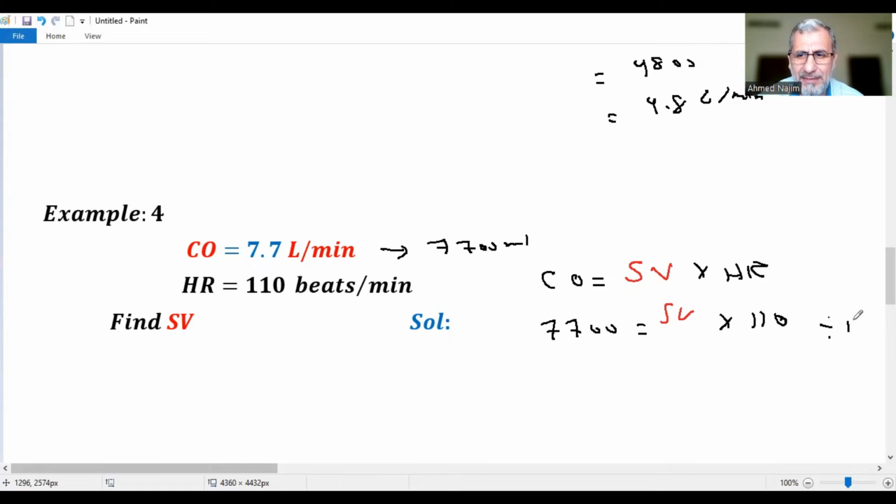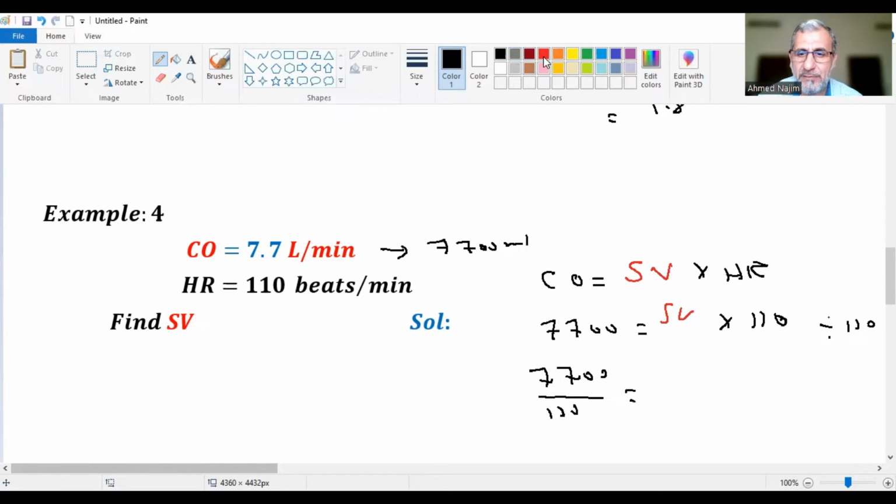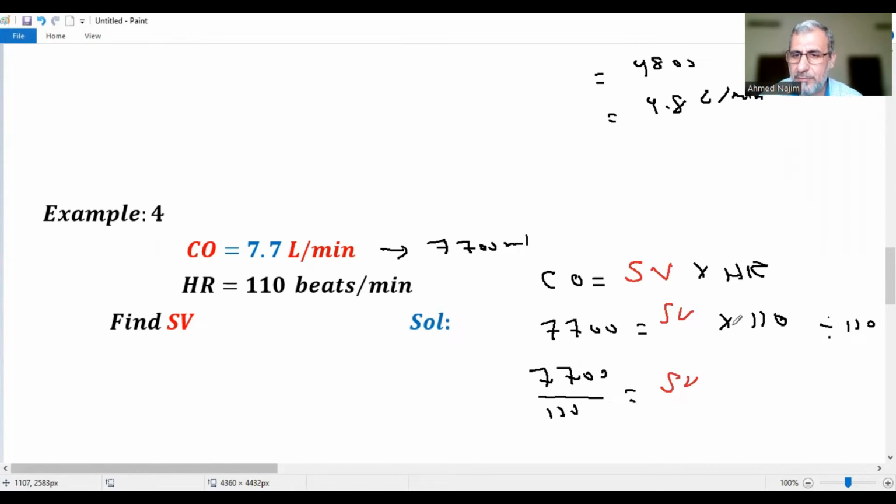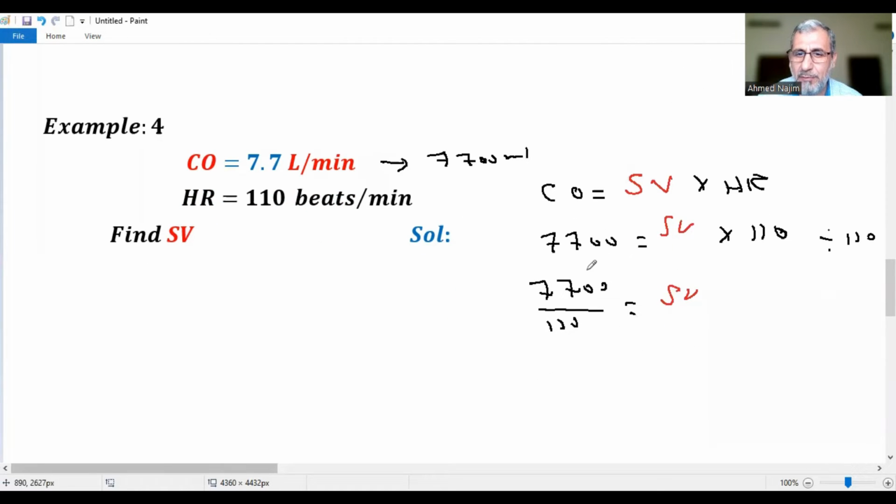We divide both sides by 110. So 7,700 divided by 110 equals the stroke volume, because on this side 110 divided by 110 is 1. That gives us 70.